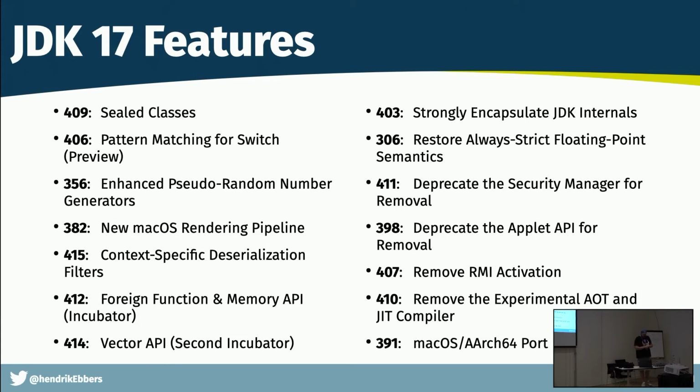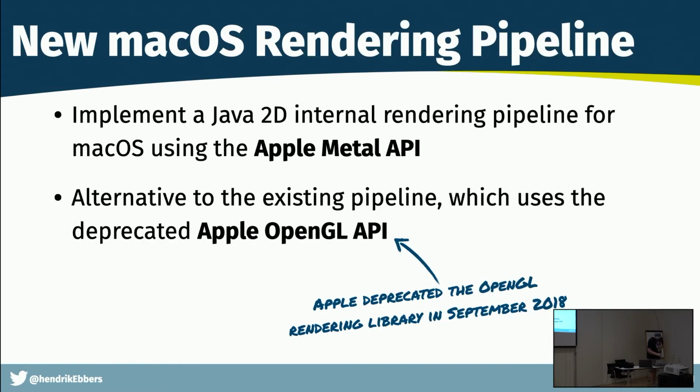Again, in Java 17, we had some interesting things happening under the hood. First of all, for macOS, we have a new rendering pipeline. Until Java 17, for macOS, everything was rendered based on OpenGL. With Java 17, Java can directly work with the API of Apple Metal, which is, from my point of view, something like DirectX, but not from Windows, but from Apple.